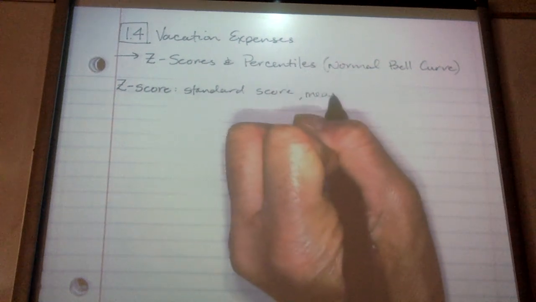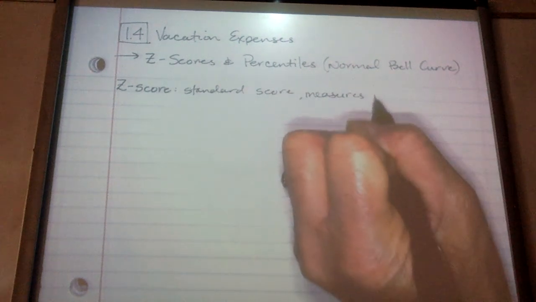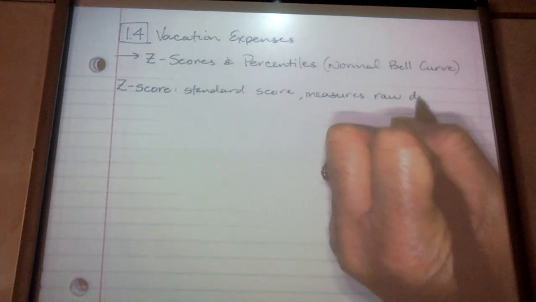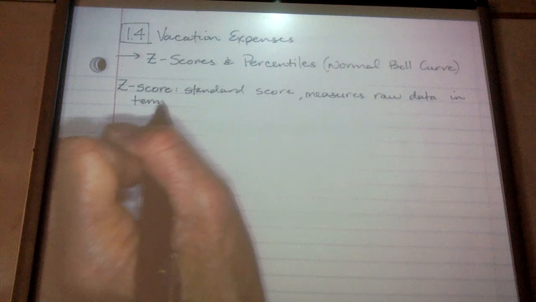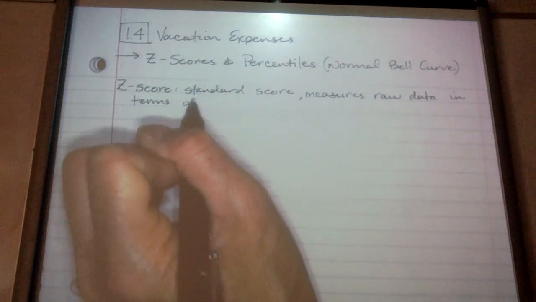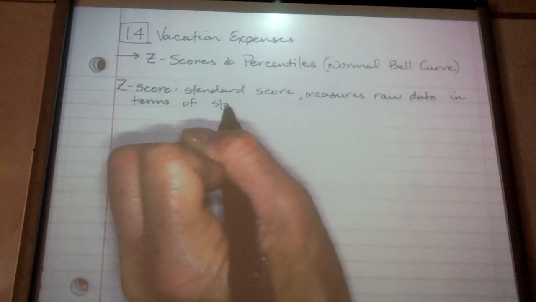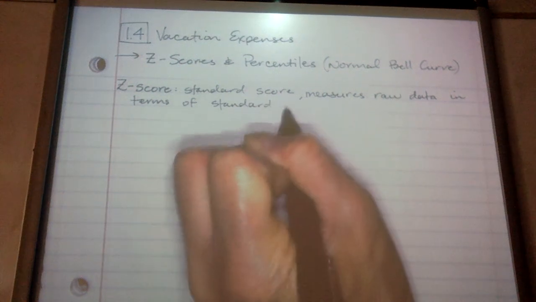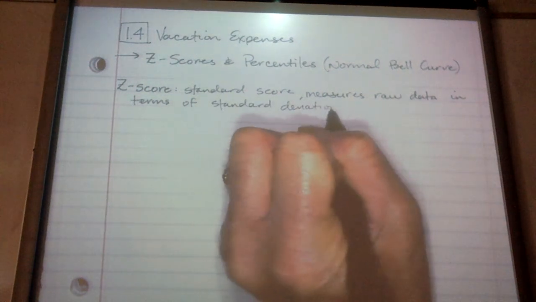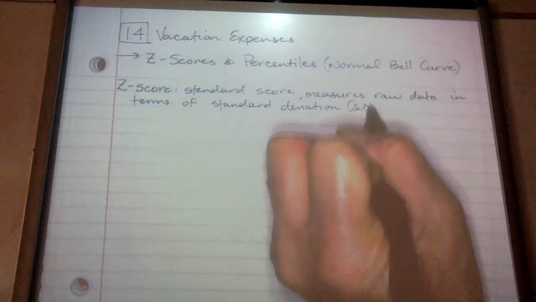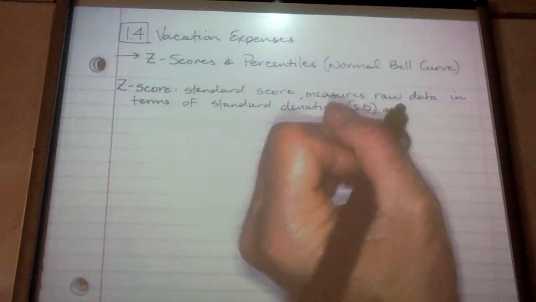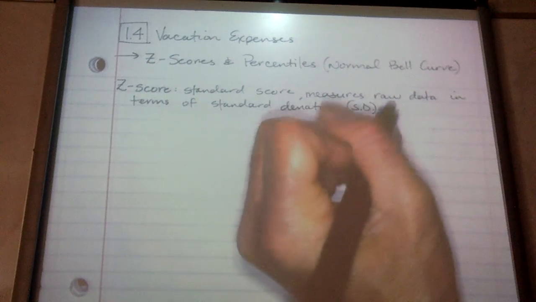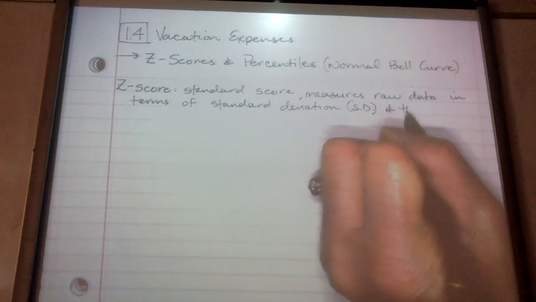It measures raw data in terms of two pieces of information that we've covered: your standard deviation, which I abbreviate SD, and the mean.